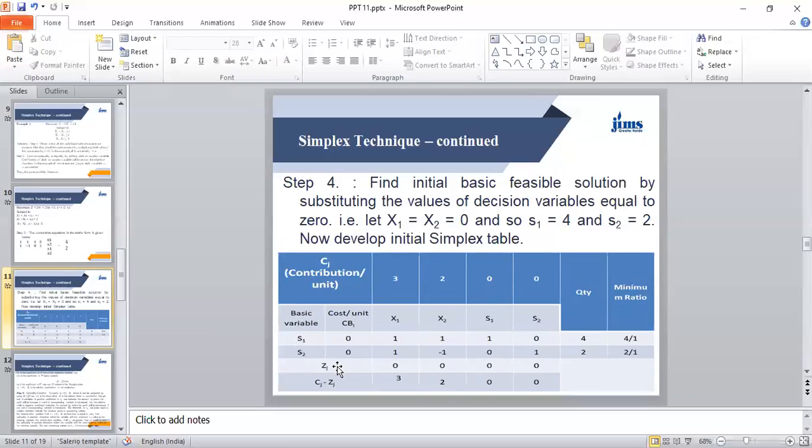So simplex technique believes in the fact that we start from the worst solution and gradually we try to improve upon the solution. The worst solution in this case would be, since we have to maximize the profit, that we do not produce any quantity of x1 or x2. Let x1 be 0 and x2 be 0. So what will happen?